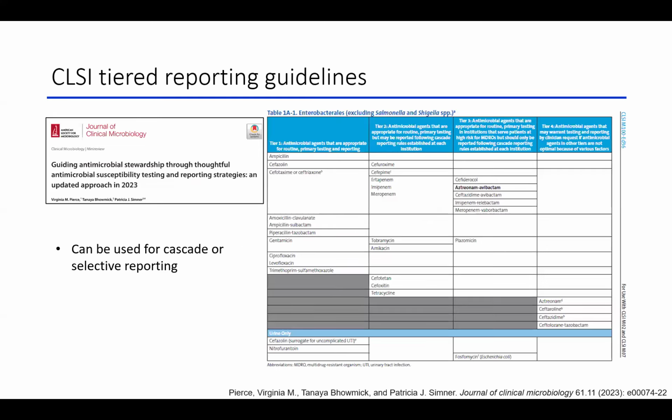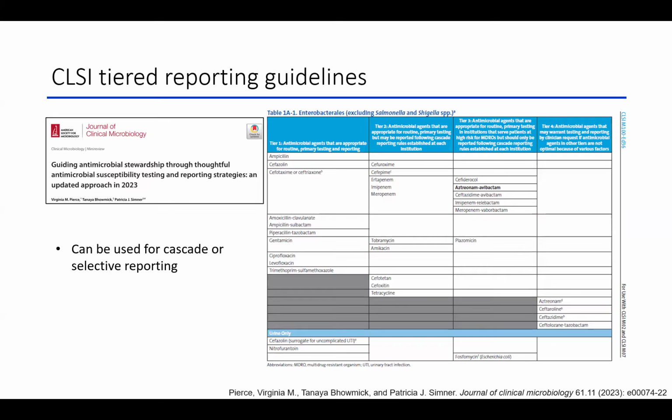And this is something that CLSI, our Clinical Laboratory Standards Institute, makes it very easy to help with. This is one of the charts that they have in their M100 document. And you can see that it lists all antimicrobials by tier. And for that reason, it makes it easy to figure out what would be a good cascade reporting or selective reporting.